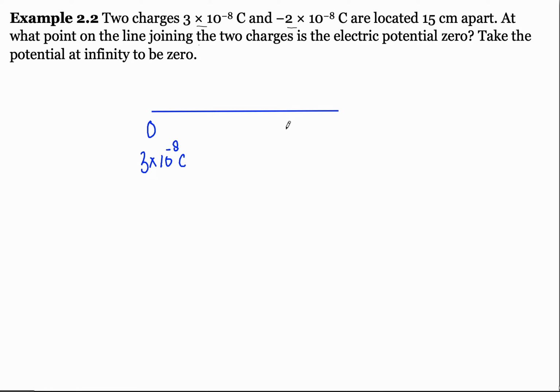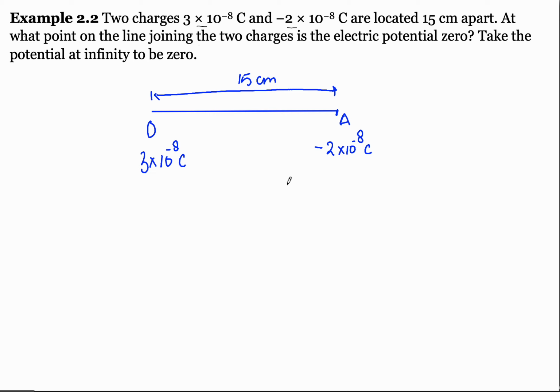And at a distance of 15 centimeter, from here to here, this is 15 centimeter, another charge minus Q is kept, let's say this point is A, and the charge is minus 2 into 10 raised to the power minus 8 coulombs.